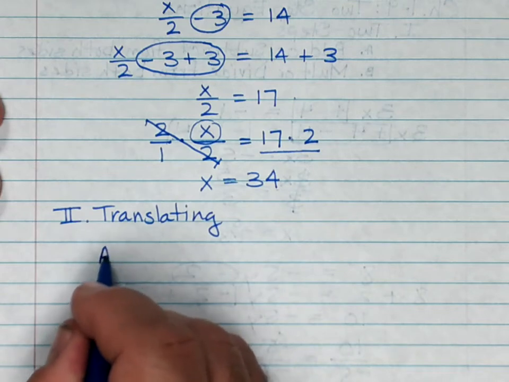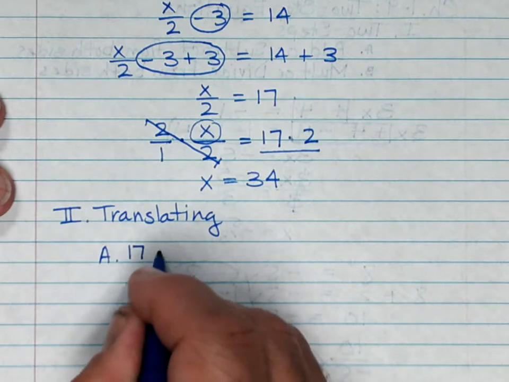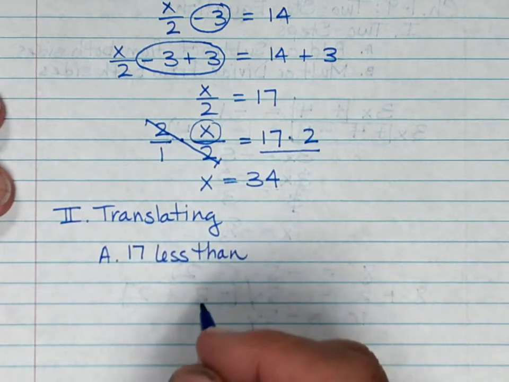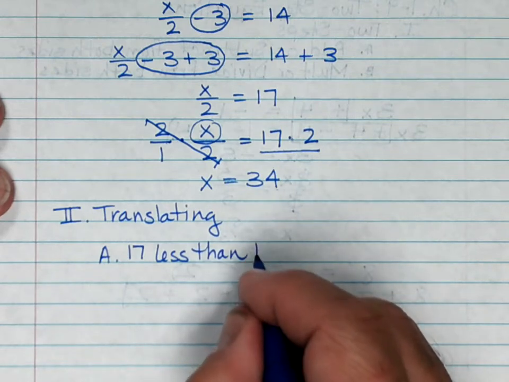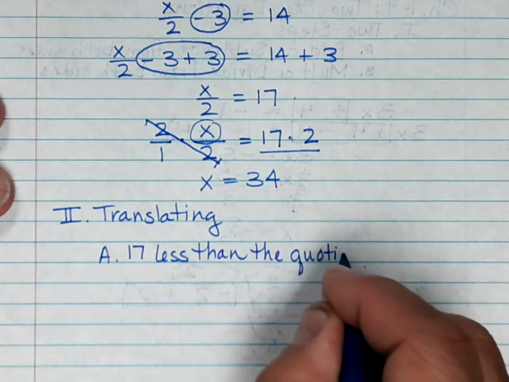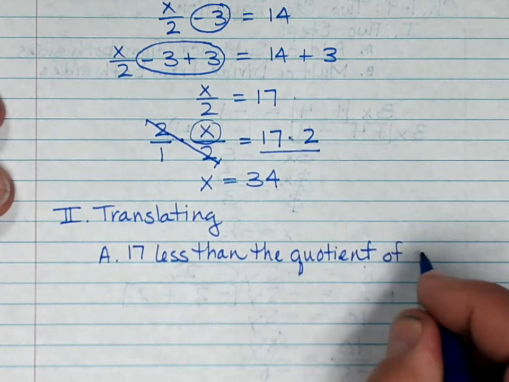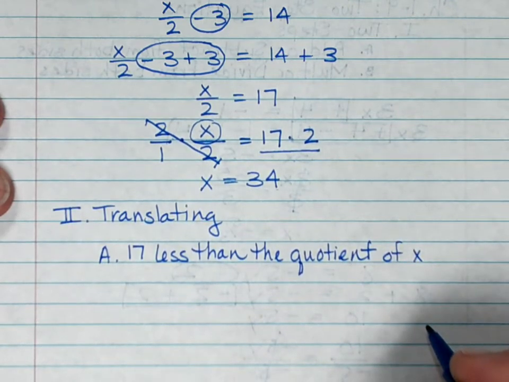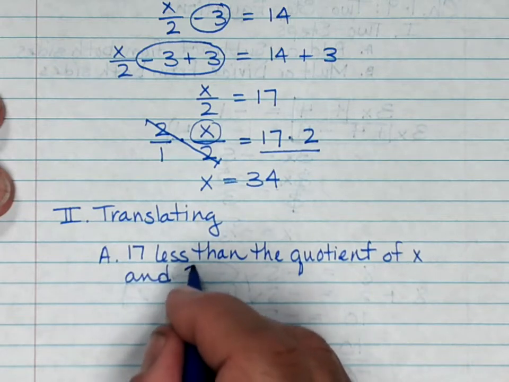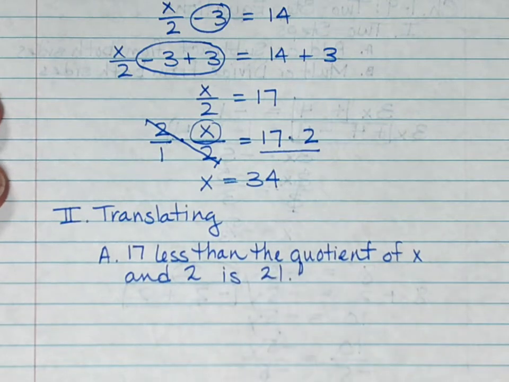So our first one is: 17 less than the quotient of x and 2 is 21.